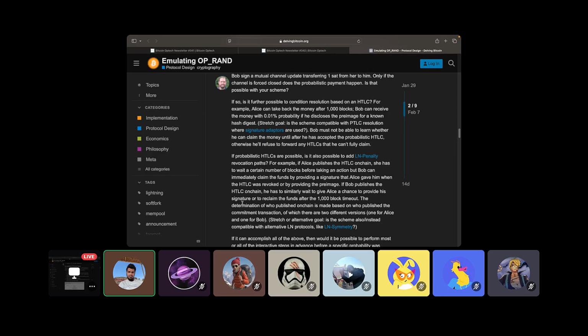So this will be deemed as a trimmed HTLC, and the funds associated with this HTLC will be given to the miner, and Bob will end up losing those funds. So the proposal is that we can use the above proposal that we discussed to create probabilistic HTLCs. Now, how do these probabilistic HTLCs work?